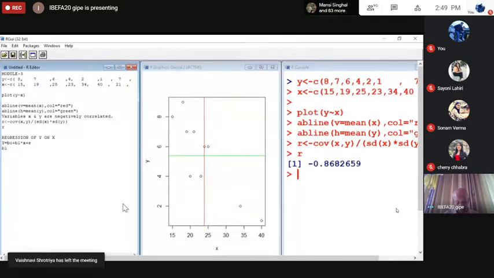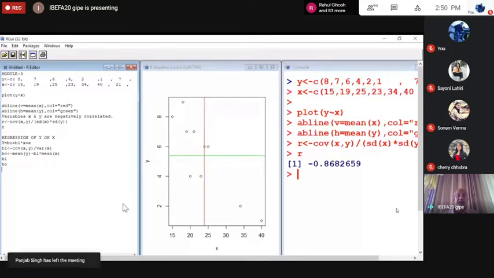So the B1 value: the numerator is covariance and the denominator is variance of X. B0 will be mean of Y minus B1 multiplied by mean of X. So B1 and B0 you will get. This is the computational step. Be attentive.